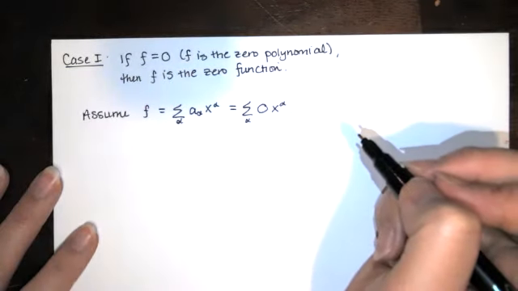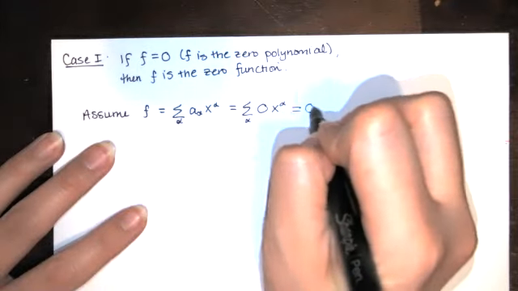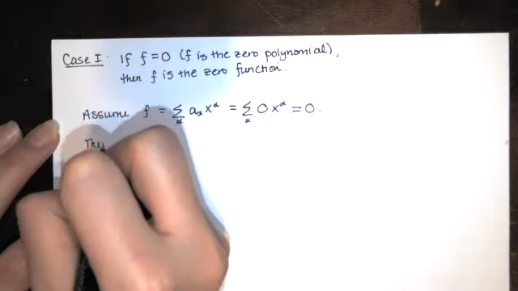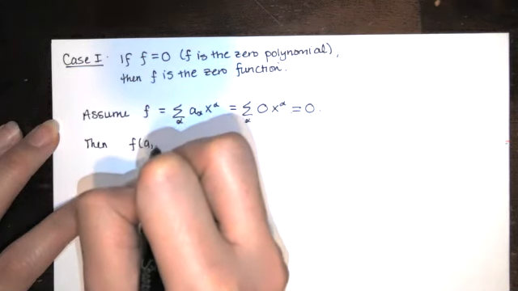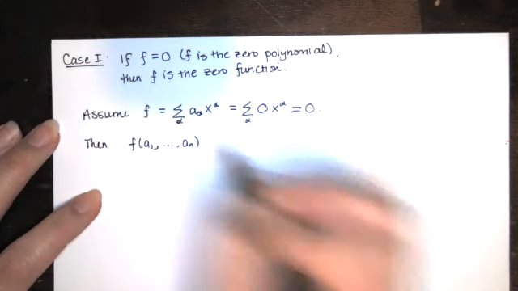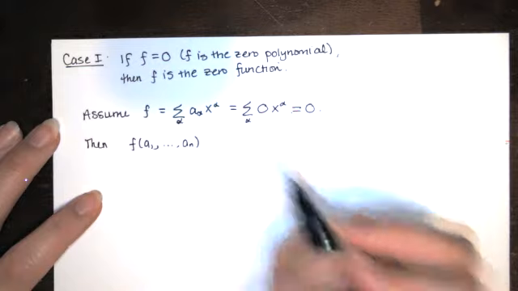I know it's a little weird when they're all 0. Then obviously, it does not matter what I substitute in for a sub 1 through a sub n.